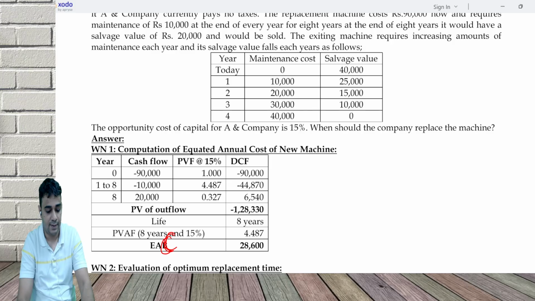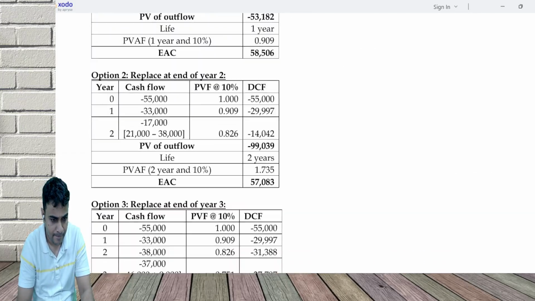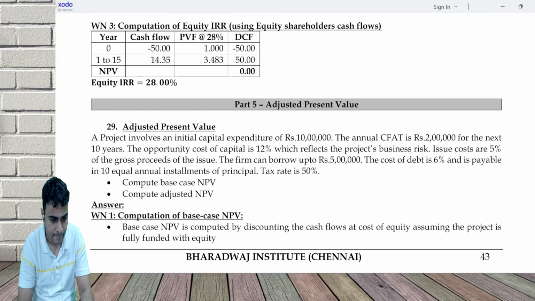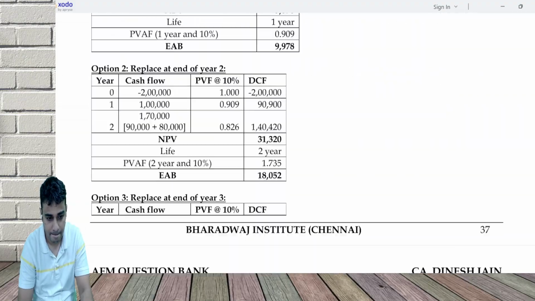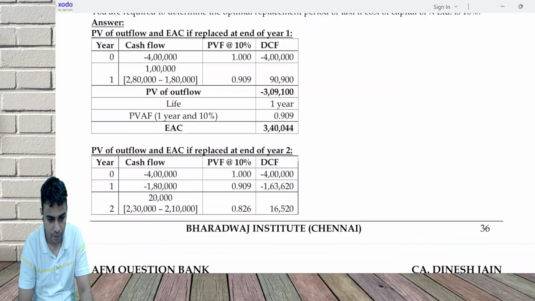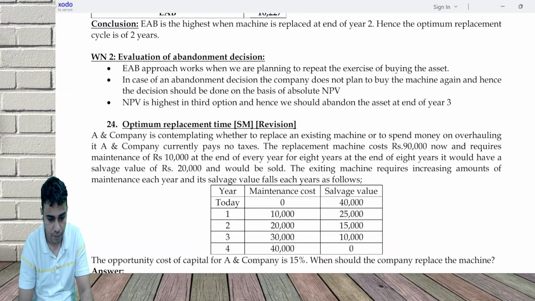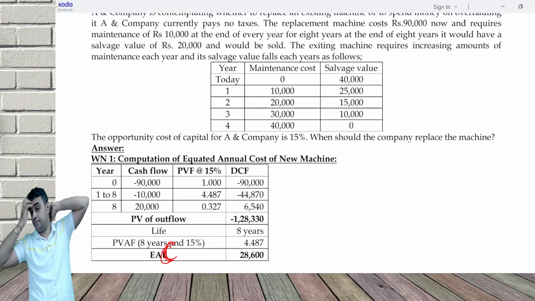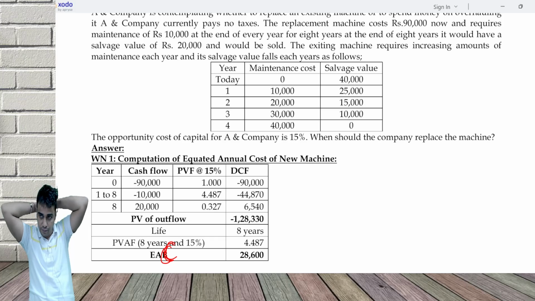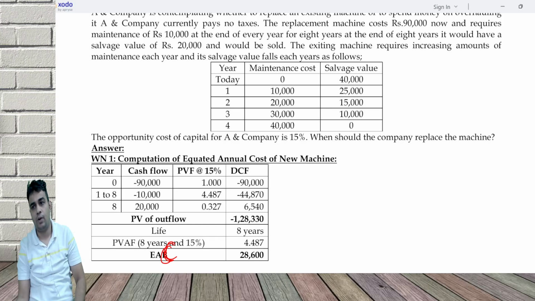EAC is 28,600. Get me this answer. There's a type 3 question, how type 3 and all I'll discuss. I just want you to do this calculation. Wait.